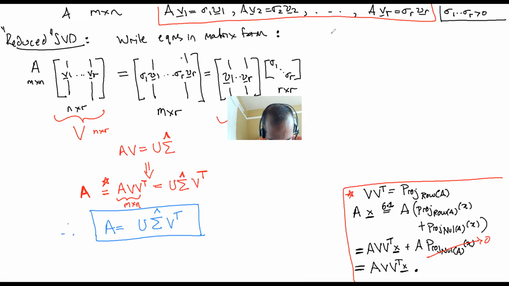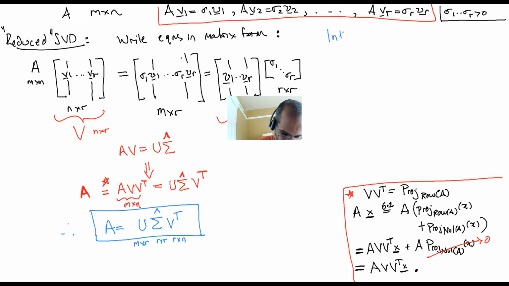I'm factoring A into a matrix with orthonormal columns times a diagonal matrix times a matrix with orthonormal rows. The dimensions of these are M by R, R by R, and R by N. So when you multiply them, you get an M by N matrix as desired.